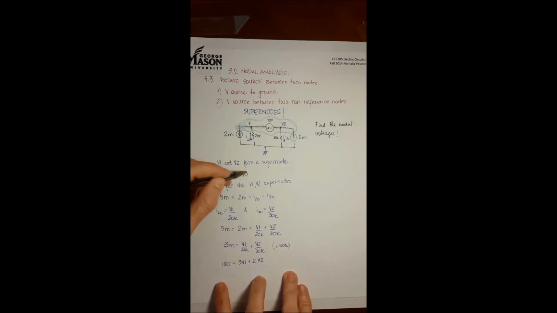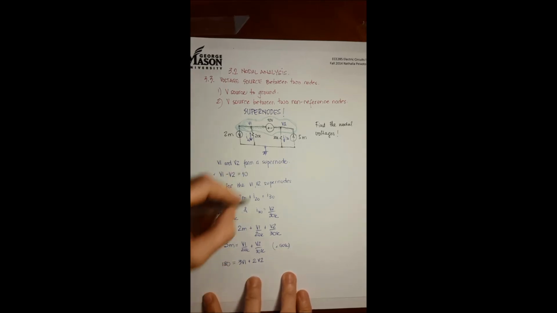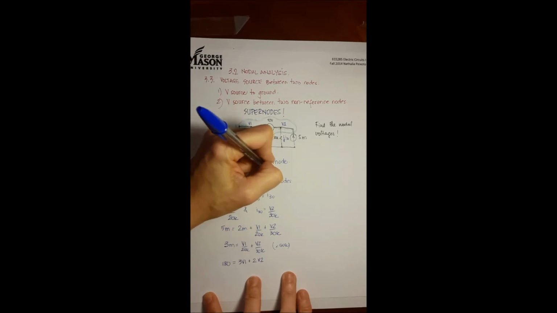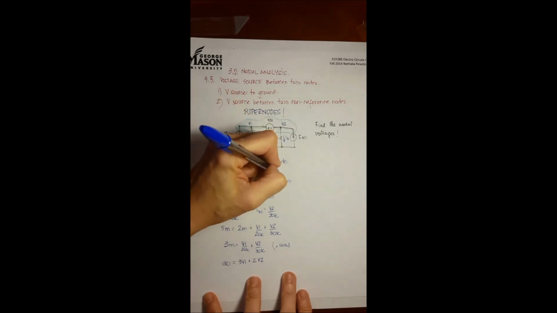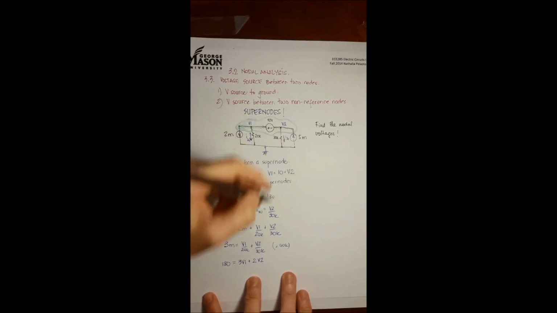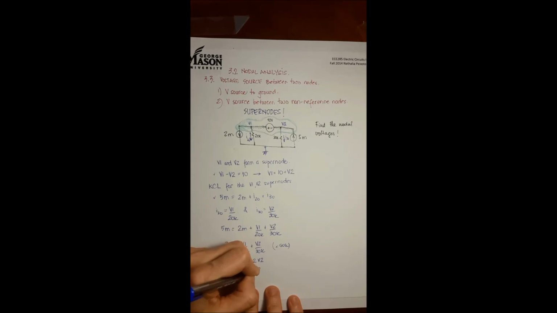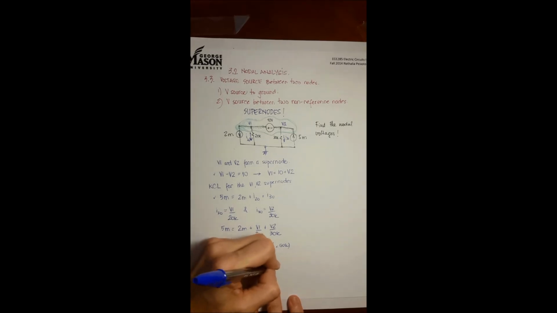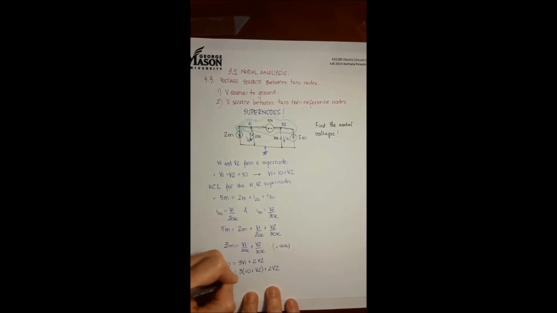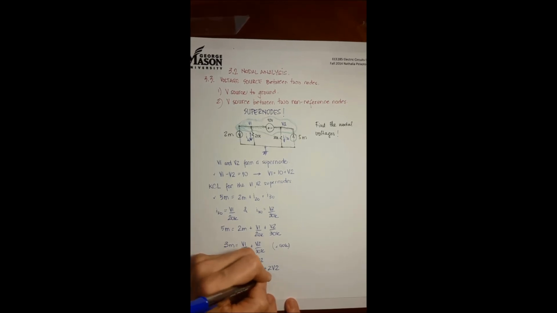And then I know that V1 minus V2 equals 10, so I know that V1 equals 10 plus V2. So 180 equals 3 times (10 plus V2) plus 2 V2. 180 equals 30 plus 3 V2 plus 2 V2.